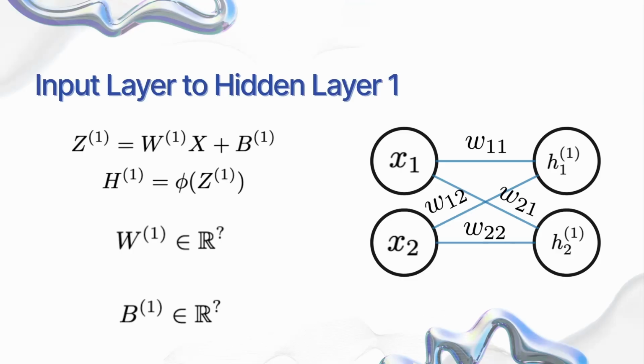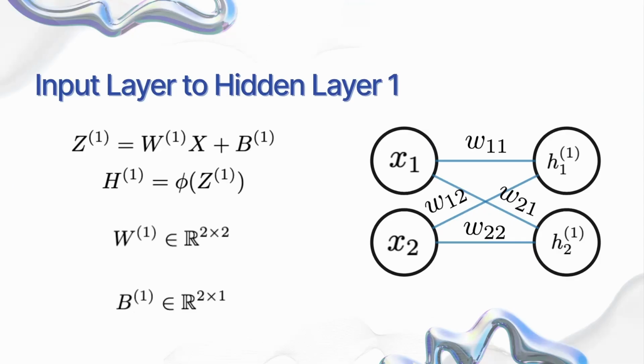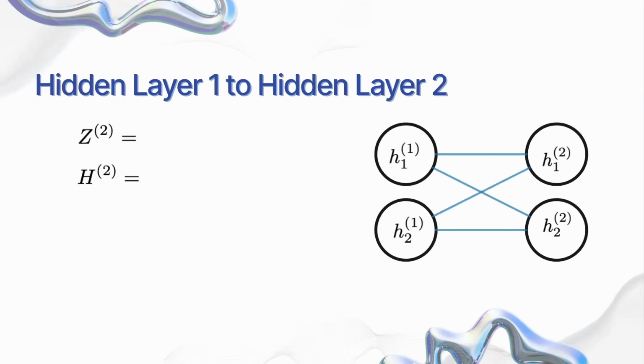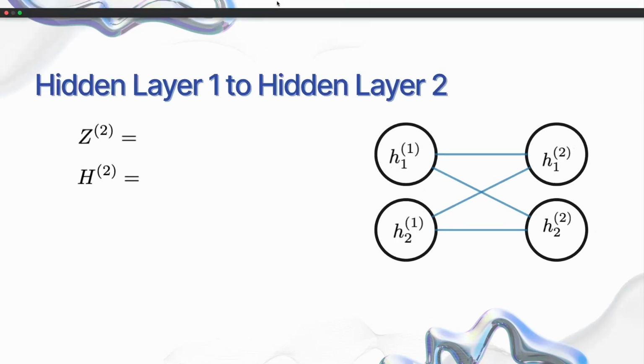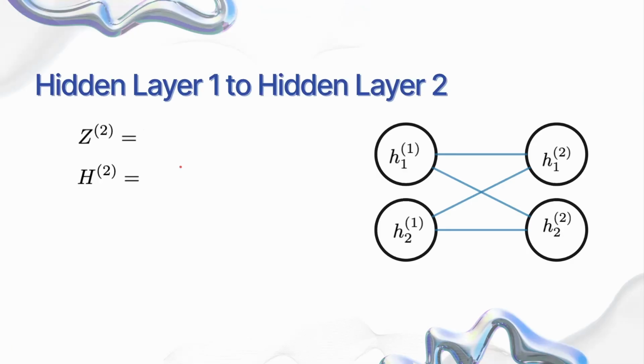W1 is 2 by 2. B is 2 times 1. Again, it's about dimension matching here. Okay, I'll give you guys another 2 minutes to write out the equations for Z2 and H2, and then write out the dimensions for your weights and biases.